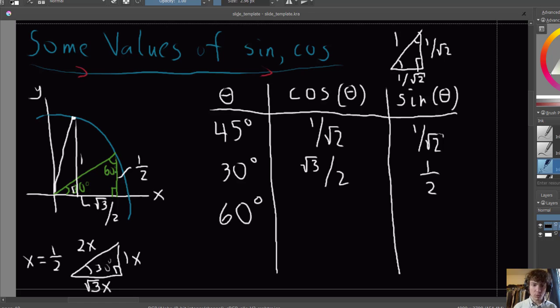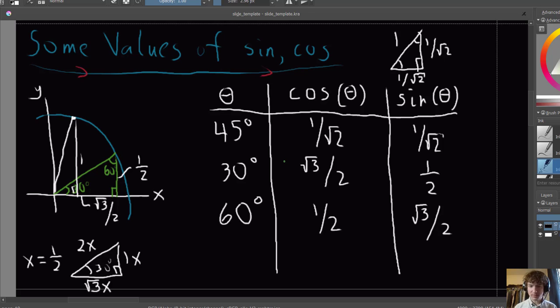It's just that the x and y are reversed. You can imagine taking this triangle and simply rotating it so the 60-degree angle is now here and the 30-degree angle is now here, and all that does is switch the two values of 1/2 and square root 3 over 2. If you don't believe me, you can work it out as an exercise. But the upshot is that now we know cosine of 60 degrees and the sine of 60 degrees as well.